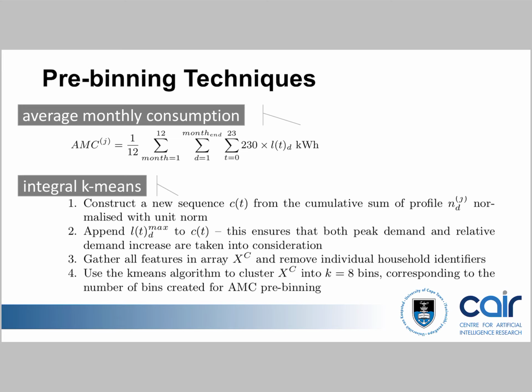Let's say you've got a very high consumer that uses 1,000 kilowatt hours per month and a low consumer using 10 kilowatt hours a month. A clustering algorithm typically would put the 1,000 kilowatt hour consumer into one cluster, and then could quite easily put all remaining consumers that are between 0 and 100 kilowatt hours into a separate cluster.